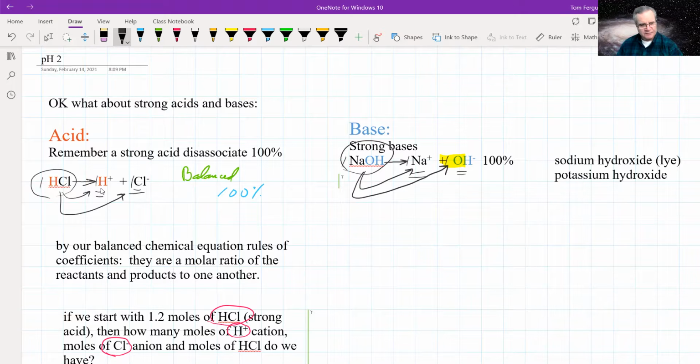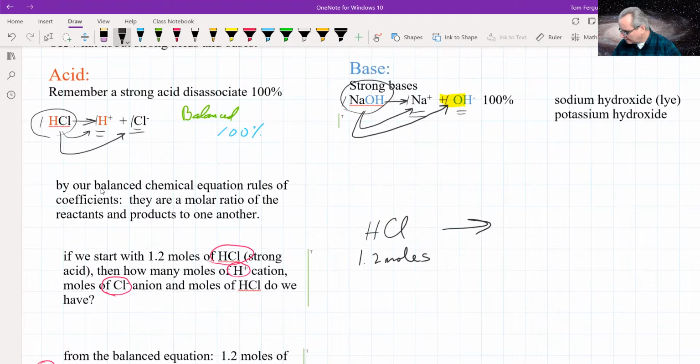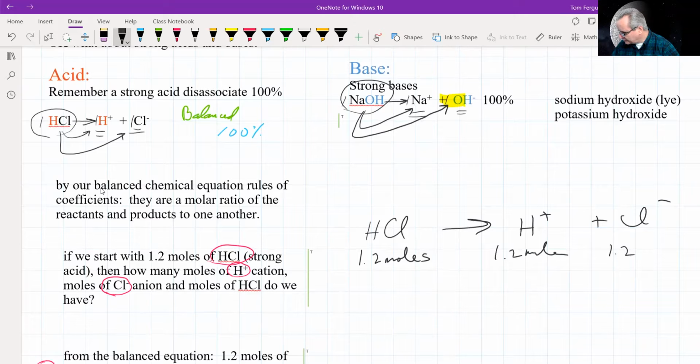So, for example, if we start in a hydrochloric system here in water with 1.2 moles of hydrogen chloride, then we're going to end up with 1.2 moles of H plus and 1.2 moles of chloride.